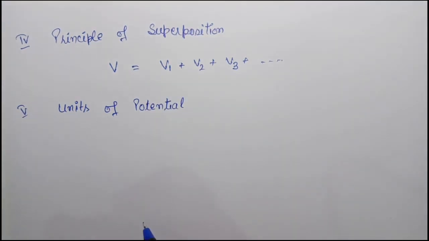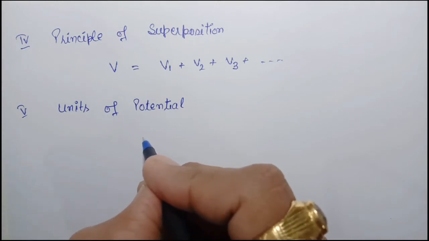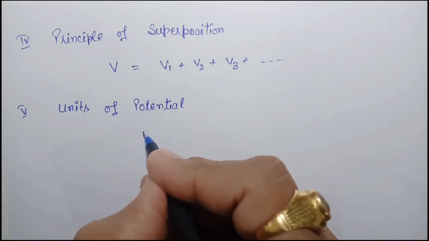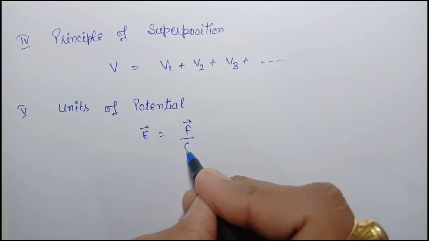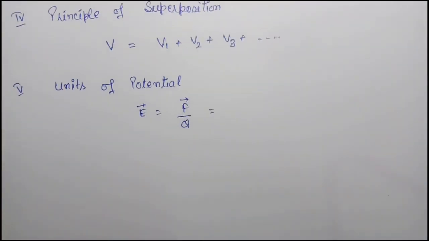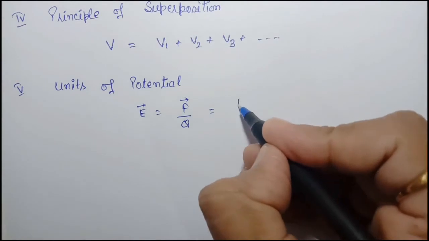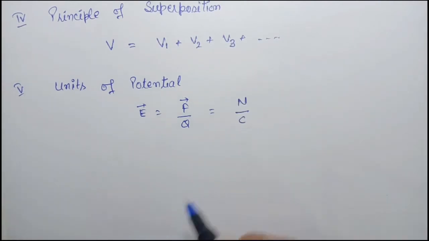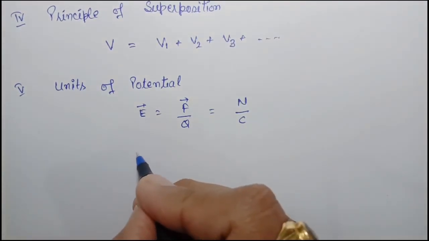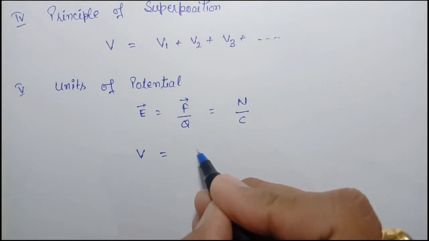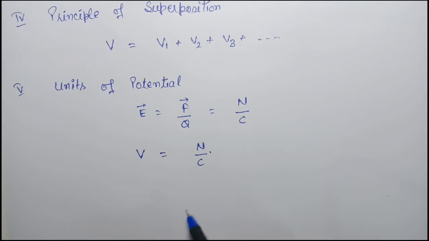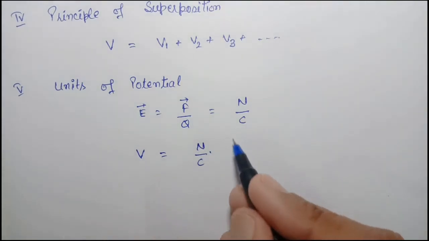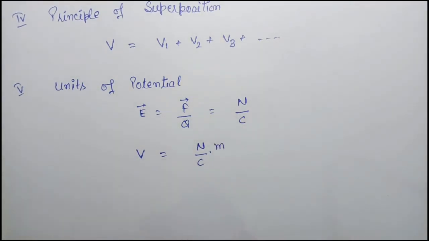So here we know electric field is equal to force per unit charge. The unit of force is Newton, and charge is Coulomb. So for potential, this is equal to Newton over Coulomb, and here we multiply with the dl, so we have units of meter.